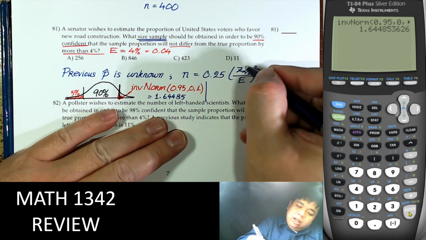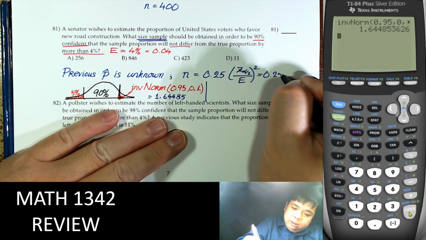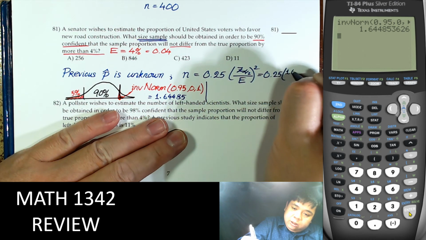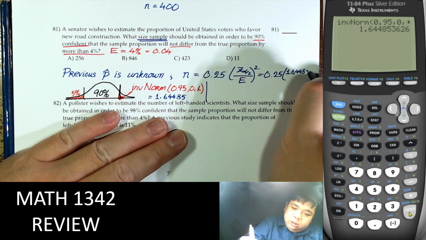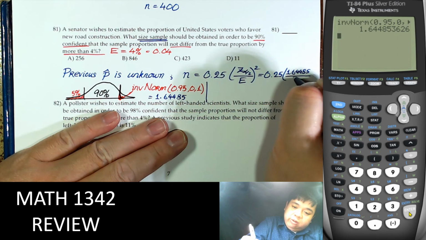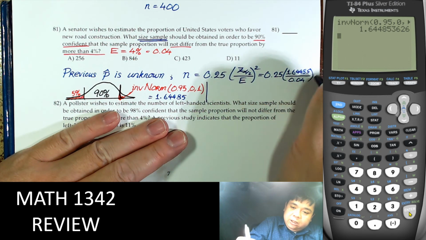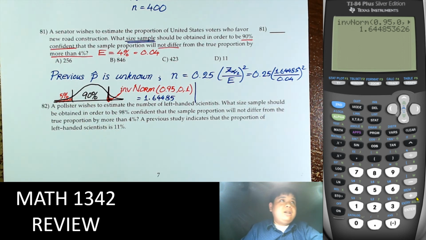We can put in here z over the margin of error of 4%.